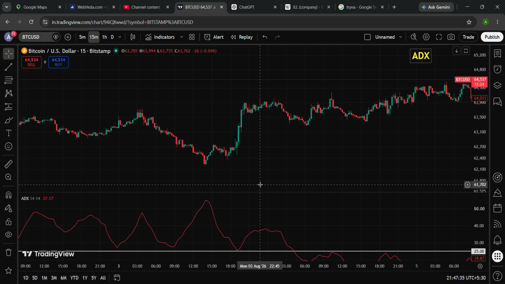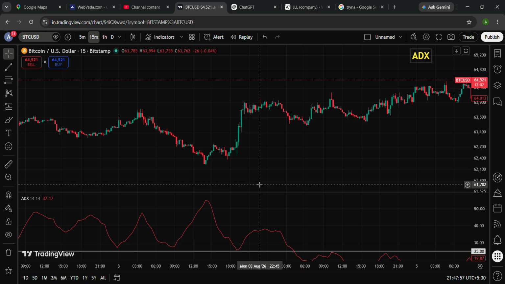If the trend is your friend, you should always go with the flow, go with the trend. ADX gives you the power of the trend, and it doesn't matter whether the trend is going upward or downward.